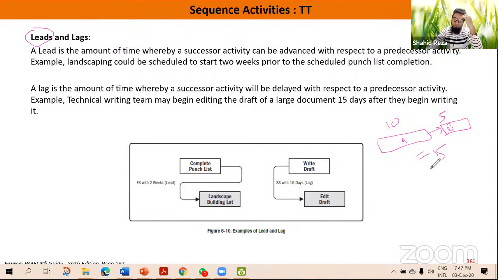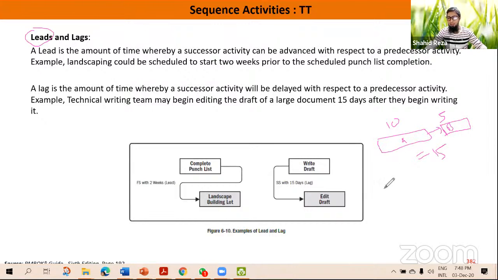But if the activities are discretionary type activities, that means it is in our discretion which activity we should start first, or whether we can do them in parallel or not. For such activities, which are not mandatory dependencies, we can actually use lead.